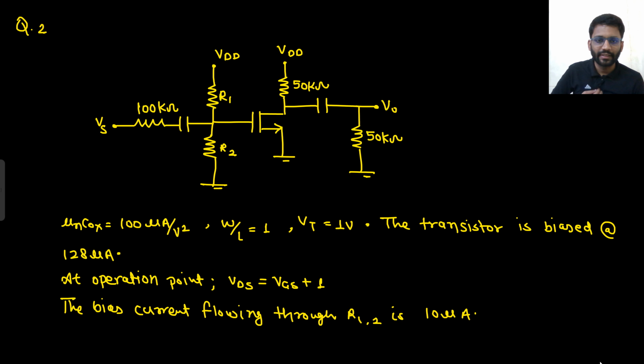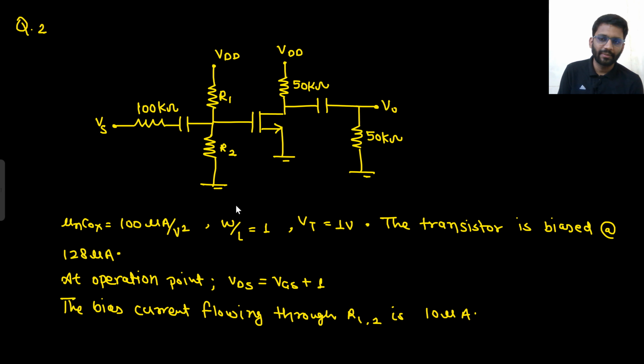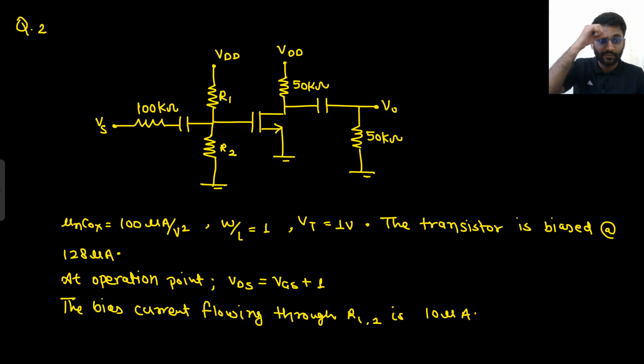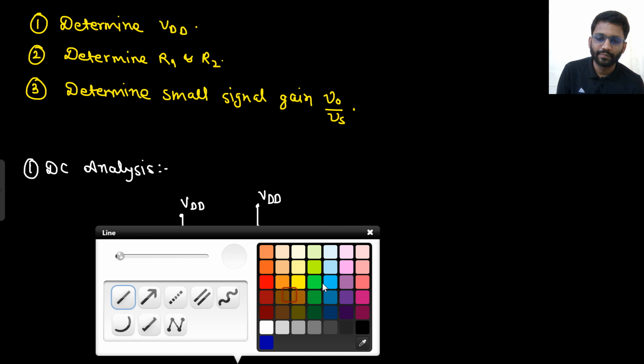And RD value is given, that is 50 kilo ohm only. This capacitor is open circuited, this capacitor is also open circuited, right? Only this much circuit is there. So you need to calculate the VDD value.